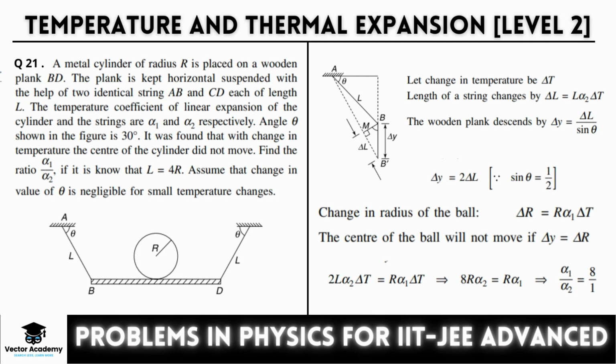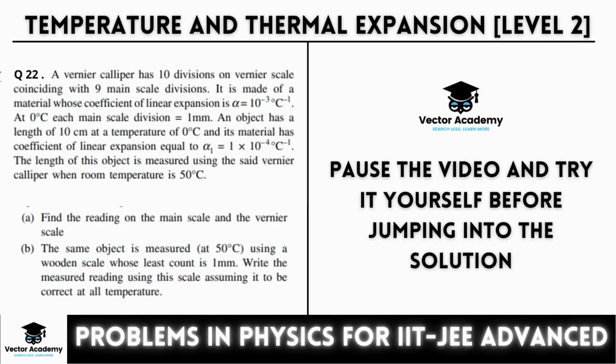That is, the center of the ball will not move if delta Y equals delta R. It implies 2L alpha 2 delta T equals R alpha 1 delta T. Since it is given L equals 4R, on solving we get alpha 1 divided by alpha 2 equals 8 upon 1.